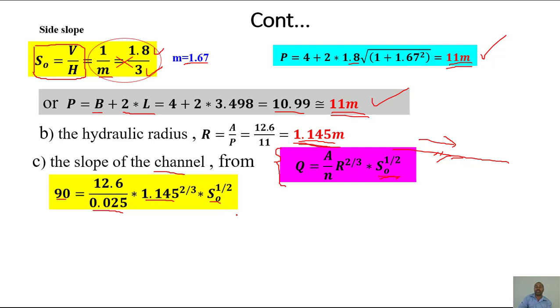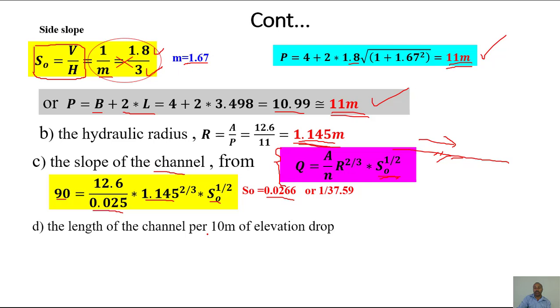Then S naught you can calculate. S naught is 0.0266, which means 1 in 37.59. For every 1 unit drop, you will have 37.59 distance.